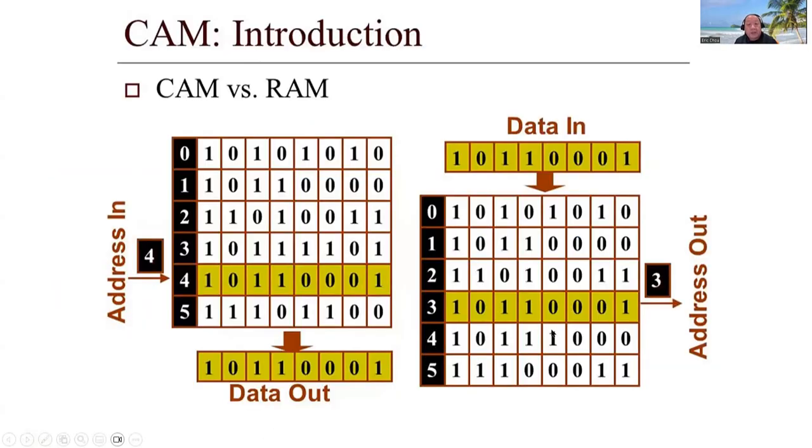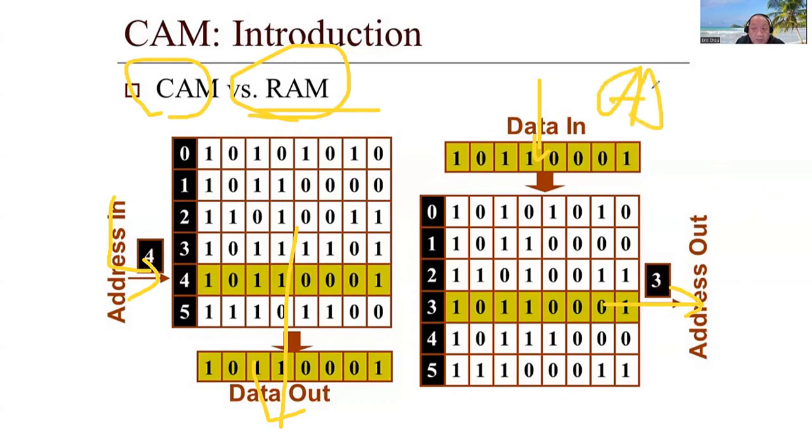Content addressable memory. Normally you have the address as input and you get the data out. This is a normal RAM. With CAM, you put the data in and it gives you the address. This is the difference. The right side is CAM, the left side is RAM.